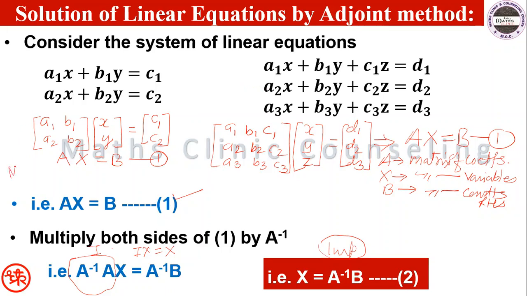Then pre-multiply both sides by A inverse. So you will get the last equation X is equal to A inverse B. Then, as you know that A is a matrix of coefficients, we find the determinant of A, and that should not be equal to 0, meaning non-singular.